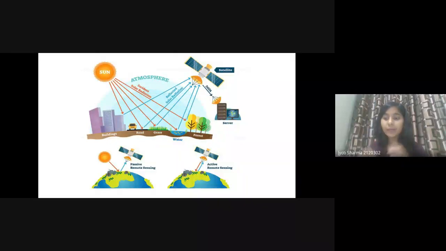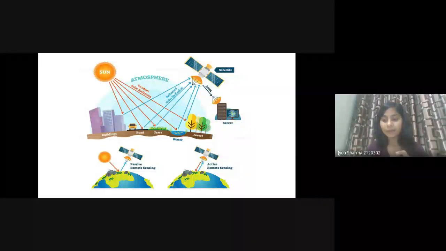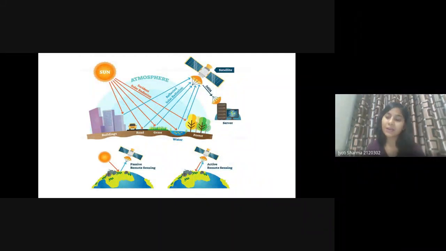So basically, because of the higher temperature of the sun, we are just getting some ultraviolet radiation and some visible part, the VIBGYOR. So the sun is mostly giving us the visible as well as the ultraviolet radiation, and some part of near infrared radiation.